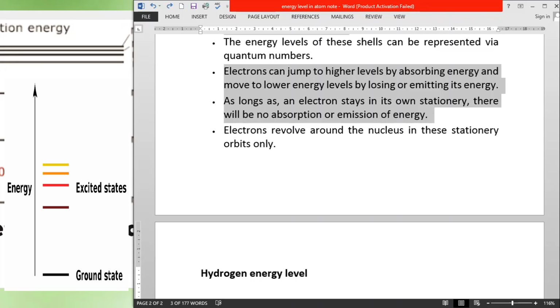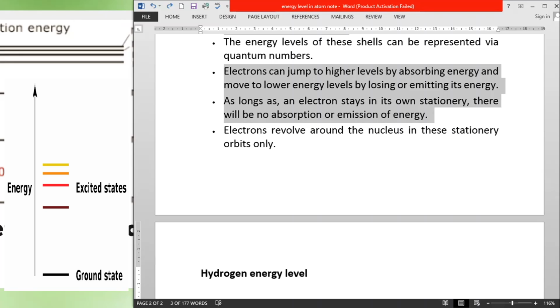So when they absorb energy, they move to higher energy levels, and when they lose energy, they move to lower energy levels. As long as an electron stays in its own stationary orbit, there will be no absorption or emission of energy. So these are some of the postulates of Bohr.